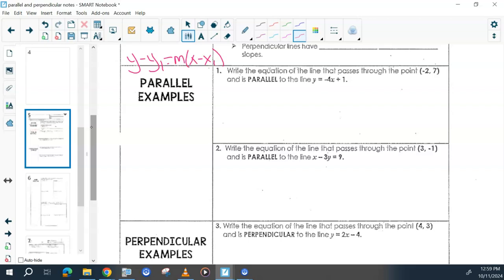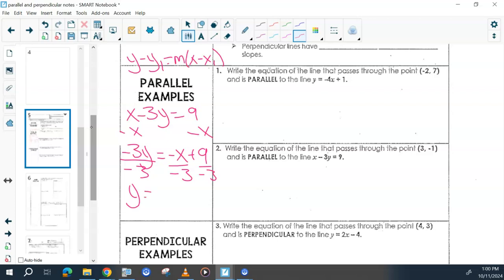So we're going to use that again, but before we do anything, we have to solve this equation by getting rid of x and dividing everything by negative 3. We're solving for y. So this becomes 1/3 x minus 3.